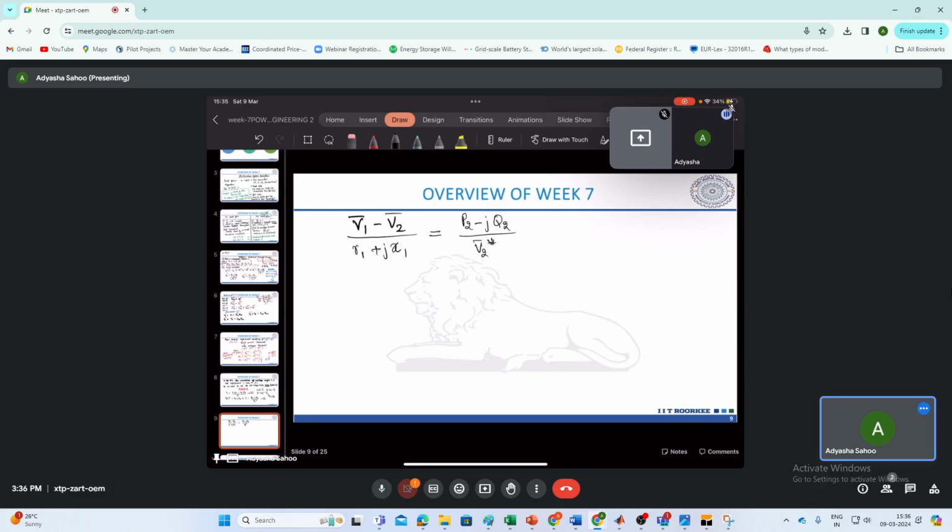So let's cross multiply these two. What I will be getting is V2 conjugate times V1 minus V2 equal to R1 plus JX1 times P2 minus JQ2.